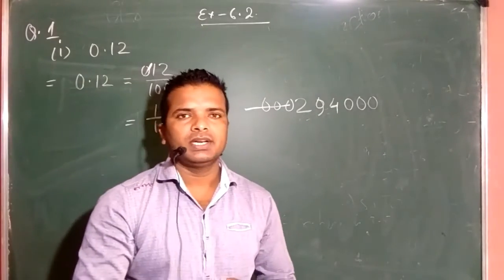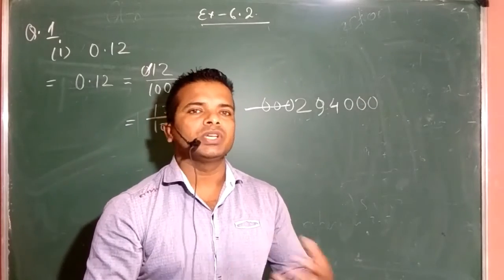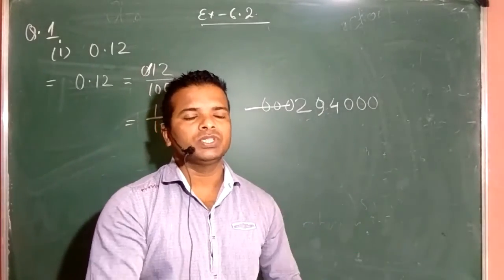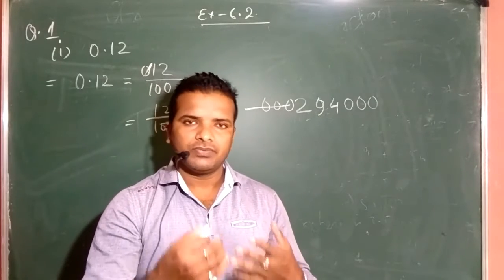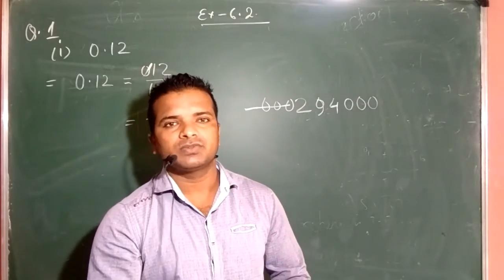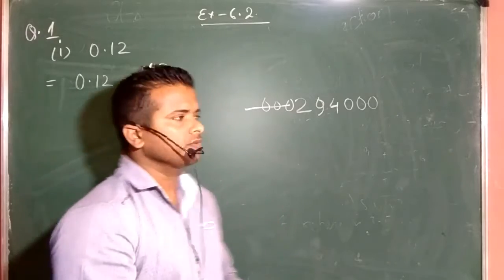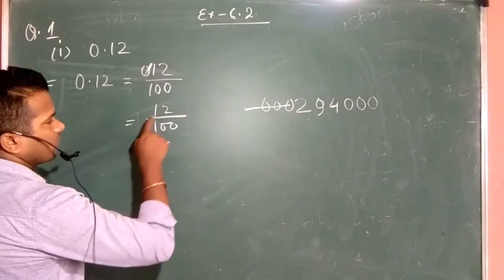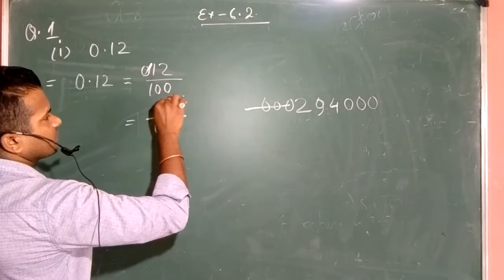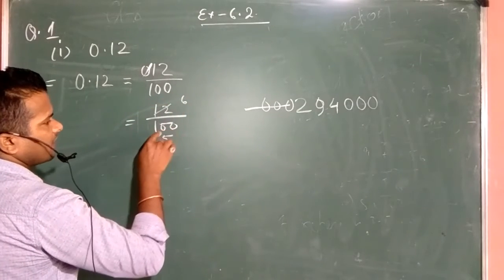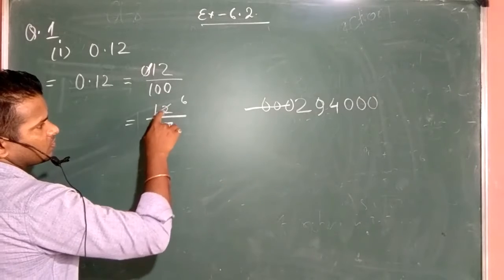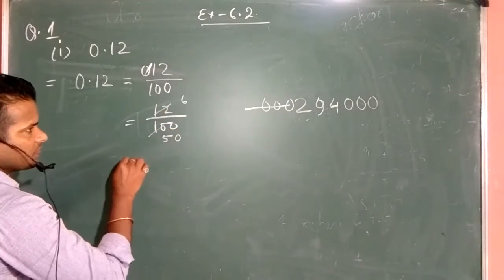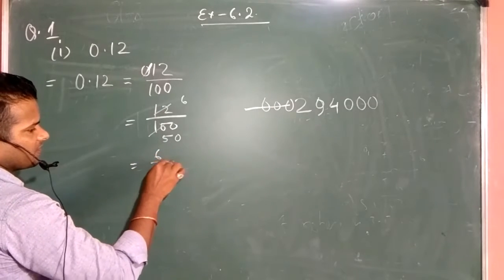We got 12 by 100. Now we will reduce it to the lowest form. The decimal is already converted to a fraction, but the question is not only to convert it but also to write it in simplest form. If you divide by 4 or 2: 2 sixes are 12 and 2 fives are 10. One 0 is extra, so we get 6 by 50.